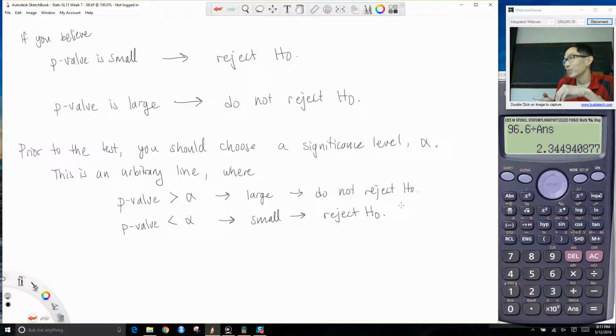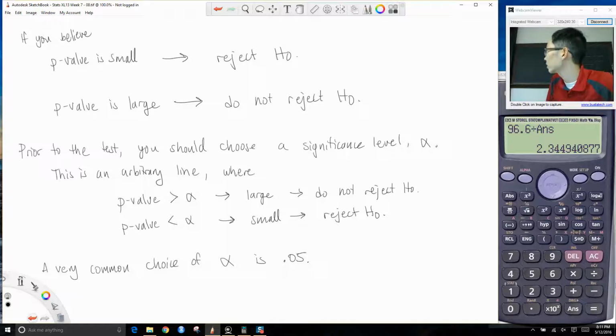But right now, this is the classical approach, and so for whatever reason, a very common choice of alpha is 5%.